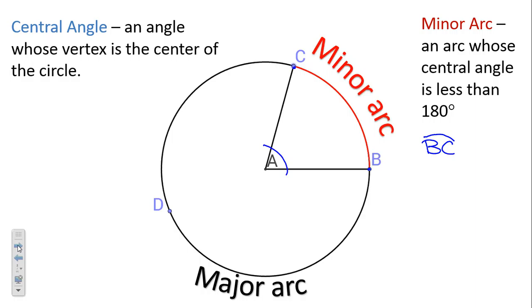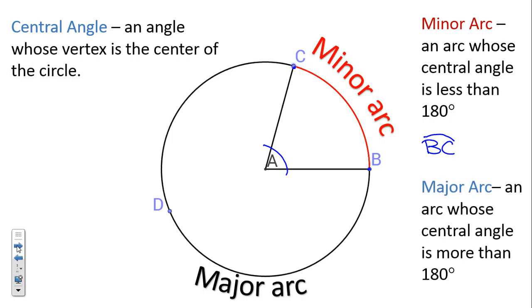That's a minor arc. When I want to name my major arc, I have to use a 3-letter combination. The major arc corresponds to this large central angle. So CDB is the name of the major arc. 3-letter combination for a major arc, 2-letter combination for a minor arc.